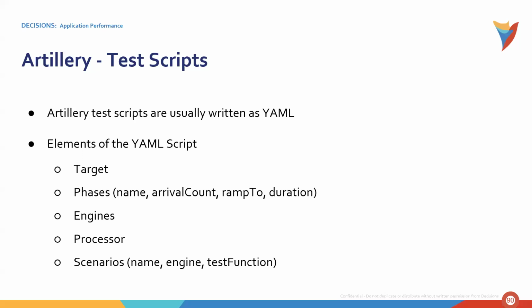Engine specifies which engine you want for that particular scenario. And if it is a Playwright script, you need to specify the name of the function, like we have been creating functions, so we need to specify which function to execute. Lastly, to run the Artillery script, you have the command artillery run, and then you specify the YAML file.